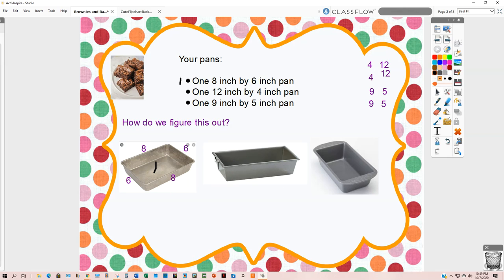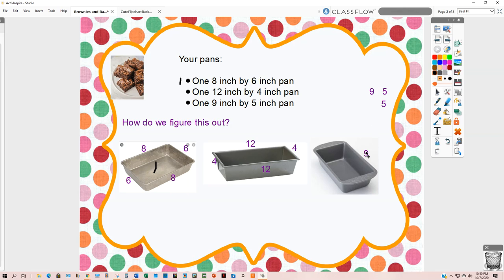Now I have this one. This is 4-inch by 12-inch, or 12-inch, the long side, by 4-inch. So if this is 12 inches, that means the opposite side is also going to be 12 inches. Short side is going to be 4 inches. The opposite side, 4 inches, because I'm thinking back to my rules for rectangles. Now I have this one.